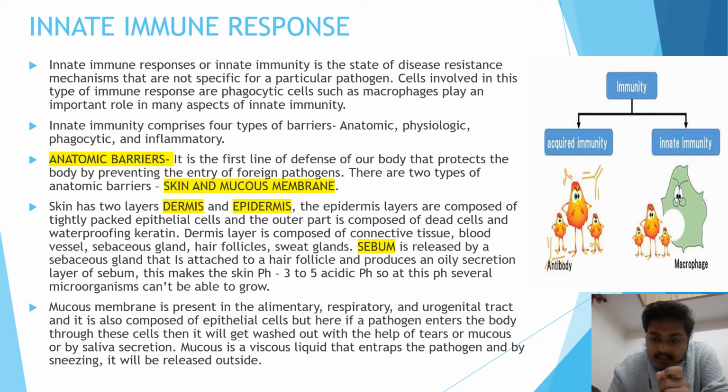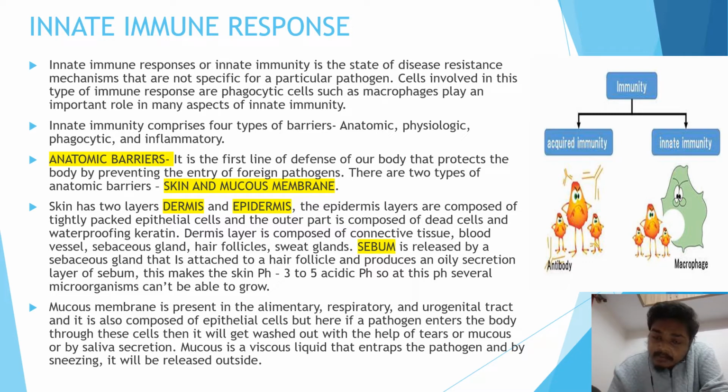After the primary degradation, this antigen presenting cell takes a part of the antigen and expresses it on MHC class 2, a type of receptor present on their cell surface.